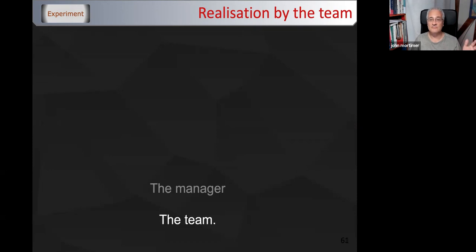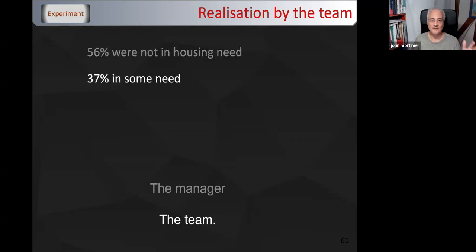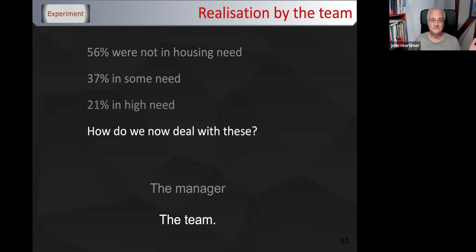The rest of them we dealt with. 56% of the demands were not in housing need. 37% were in some need and 21% were in high need. They had no idea about this before in the old system. They just had bronze, silver and gold. And the question was, how do we now deal with these?